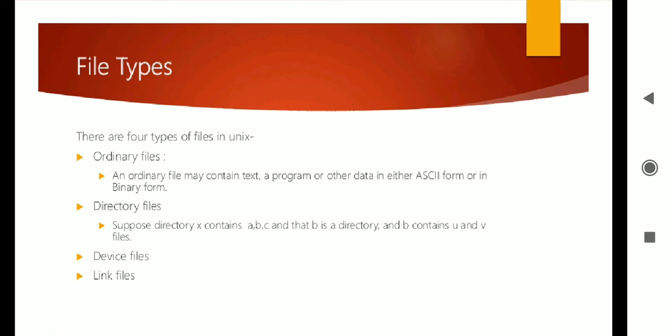And device files. Almost all operating systems have these types of files, which store the information regarding the various devices of the computer system. Another one is the link file. There are a lot of link files, such as shortcut files or dynamic linking libraries, DLL files.